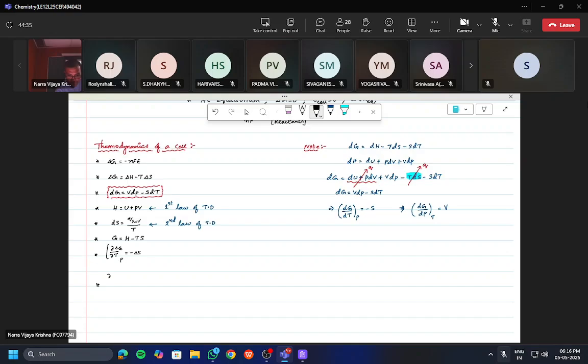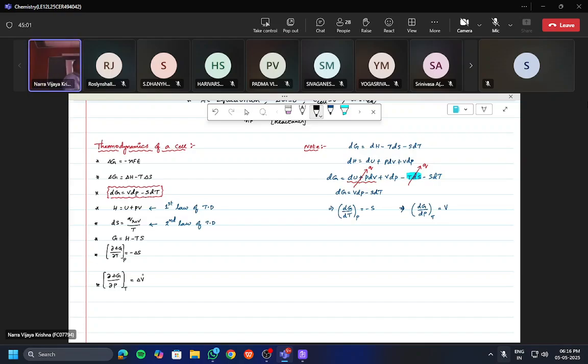Partial delta G upon partial T at constant pressure equal to this. Now here, partial delta G upon partial P at constant temperature is equal to delta V. Right?